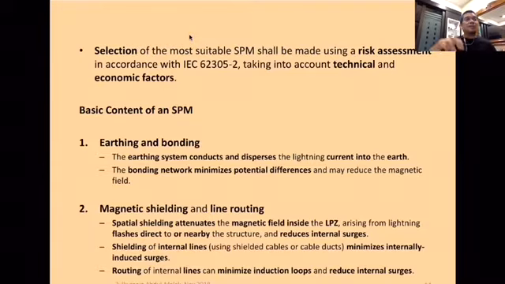So then that magnetic field will be coupled to your wiring, your loops inside the house. Inside the structures, you have your loops, and this loop goes to your equipment. So you need to make sure this is minimized, either by shielding the loops or the wiring inside the structure, inside the building.